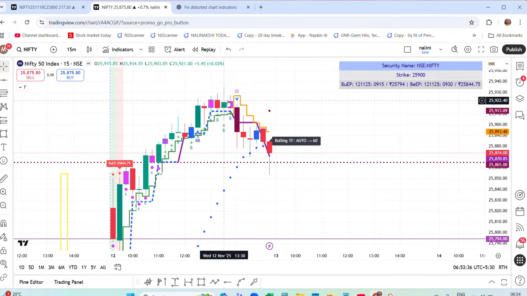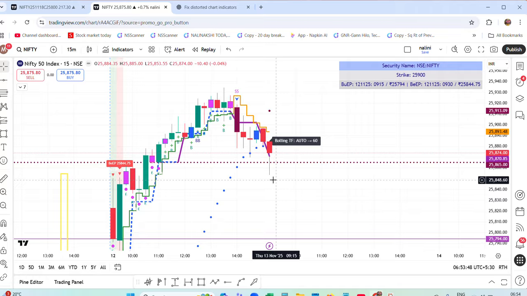Only here it has fallen below the pivot. The price has fallen below the rolling pivot and gone down. Still, the pivots are neutral because the price has not gone too far away.